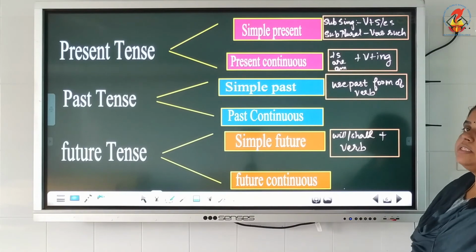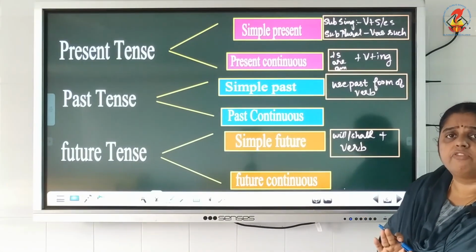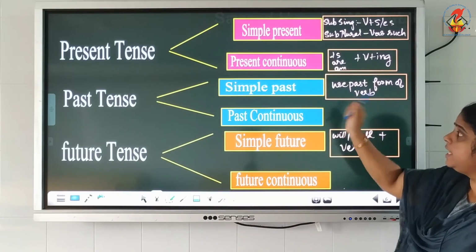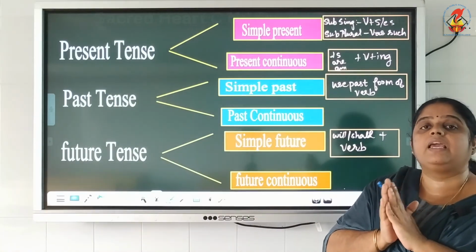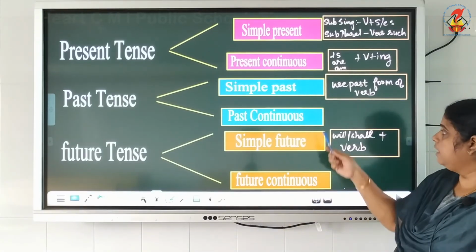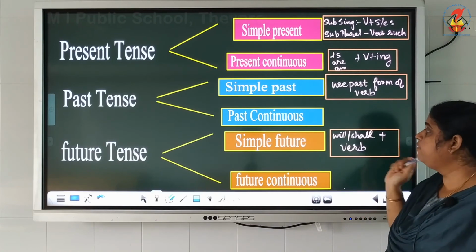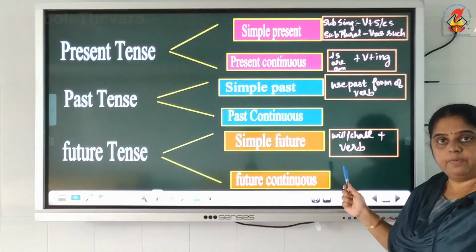Then simple past. Very simple. What is it? Just use the past tense of the verb to form the simple past tense. The only thing is you should know the past tense of the verb. Then, not past continuous, the simple future tense: will or shall plus verb.